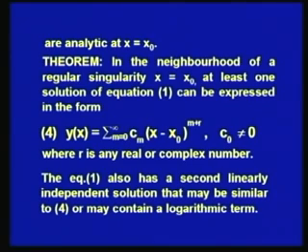Now the Frobenius method actually follows from this theorem. This theorem is given by Frobenius. It says that in the neighborhood of a regular singular point at x equal to x naught, at least one solution of the differential equation 1 can be expressed in the form y of x equal to sigma m equal to 0 to infinity Cm (x minus x naught) to the power m plus r, where C naught is not equal to 0 and r is any real or complex number.